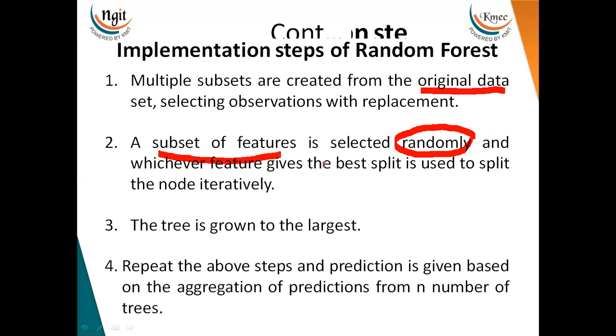Then out of the available columns in that subset, you will select the best split. That will be the root of your decision tree. Then you will repeat this procedure iteratively until your tree has grown to the largest, the point where further division is not possible and you have reached the leaf nodes of your decision tree. Then you will aggregate the predictions of n number of trees to get the final prediction of your random forest.